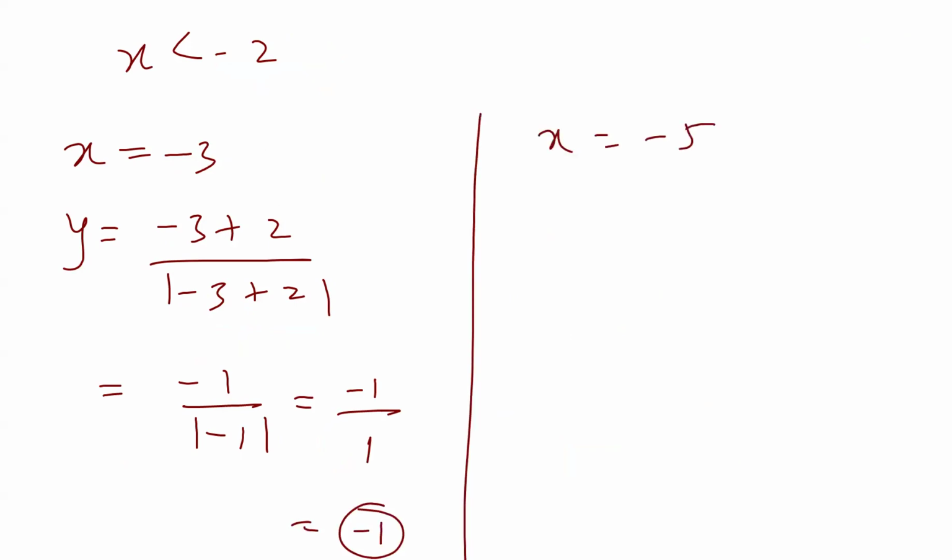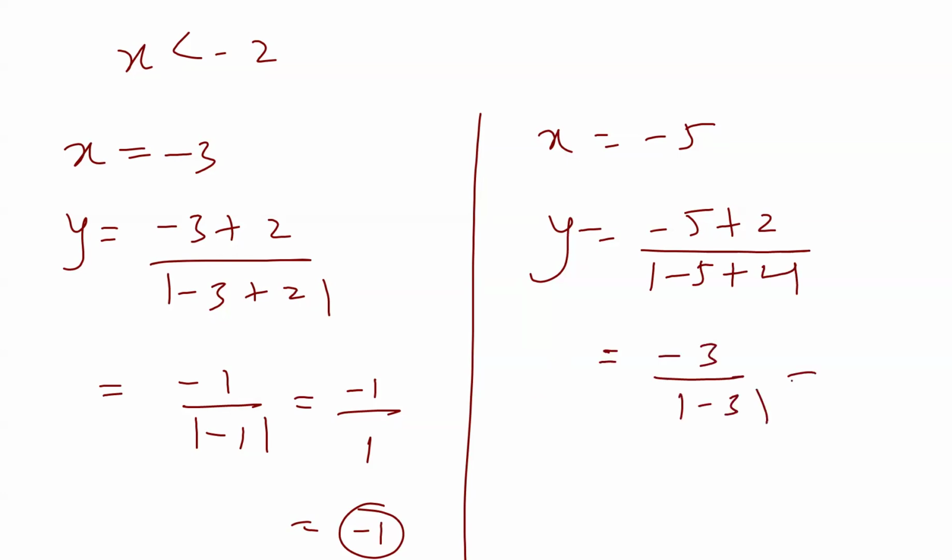x is equal to minus 5. y is equal to minus 5 plus 2 upon modulus of minus 5 plus 2. So this is equal to minus 3 upon modulus of minus 3, or minus 3 upon 3, which is minus 1. Right? So we are getting only two values.